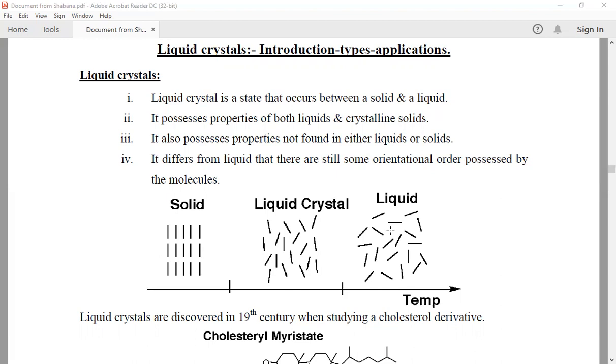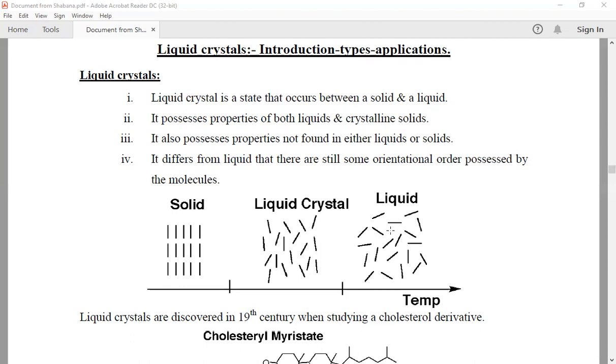Many proteins, cell molecules, and tobacco virus are natural liquid crystals. Most contemporary electronic displays, solutions of soap, and various related detergents are synthetic liquid crystals.